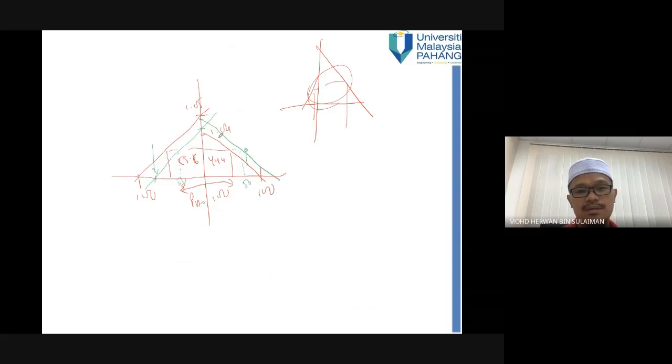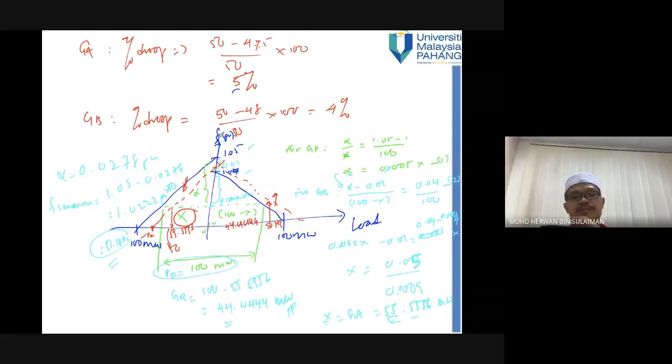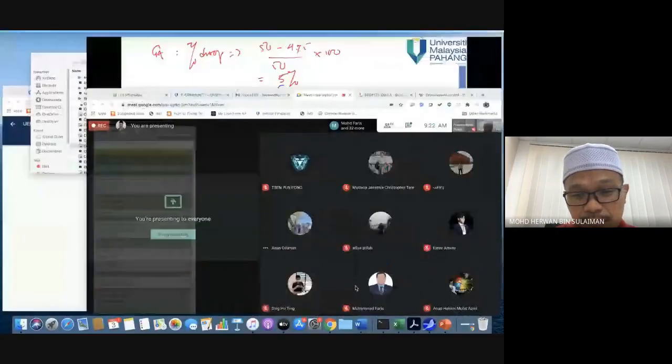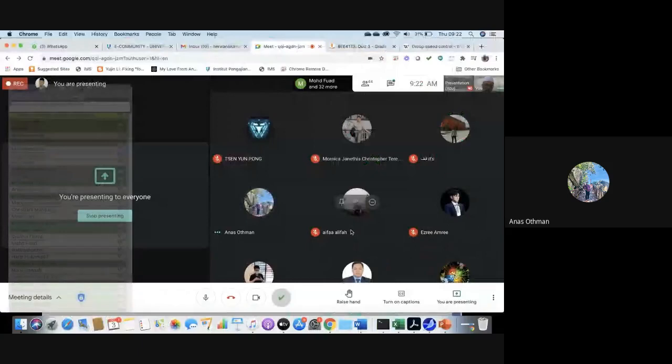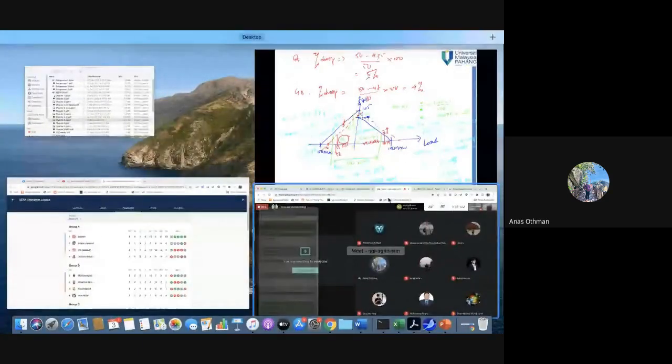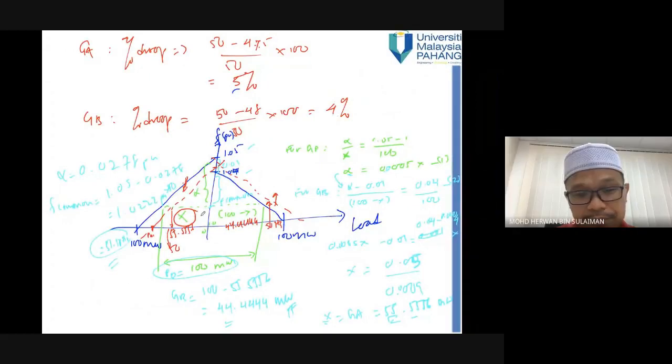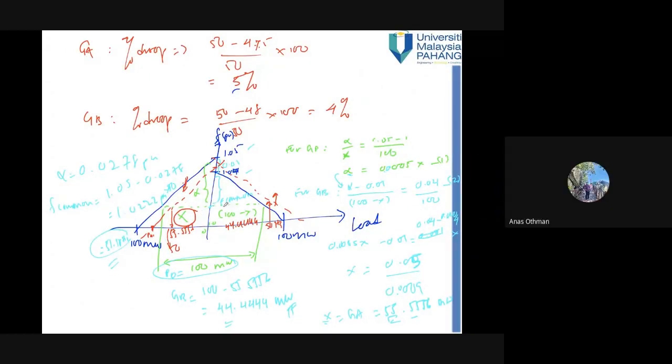Ni expression. Okay. Sir, nak tanya. So any question? Soalan saya, yang gambar tadi, common frequency tu kan, memang kita kena ambil yang GA ke?